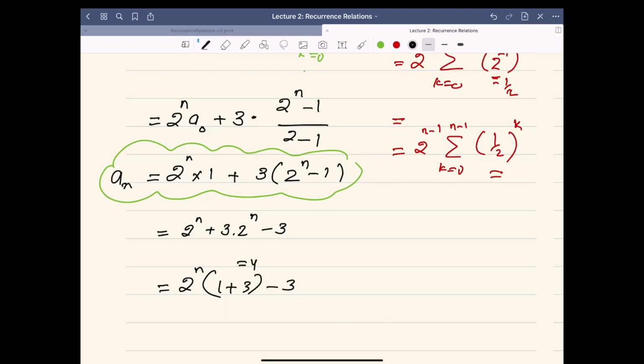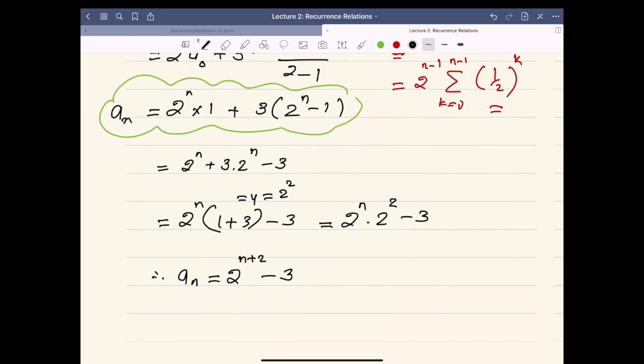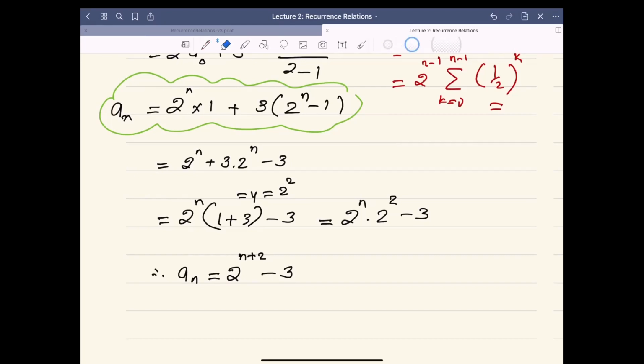This is equal to 4, and it's equal to 2 to the power 2. So this is equal to 2 to the power n multiplied by 2 to the power 2 minus 3. So therefore a_n is equal to 2 to the power n plus 2 minus 3. If you want to use Wolfram Alpha, this is the answer that you are going to get.